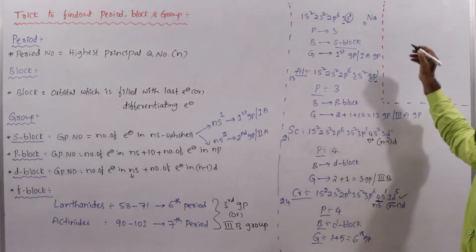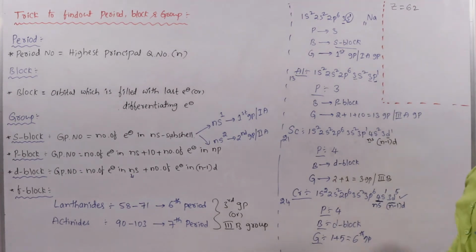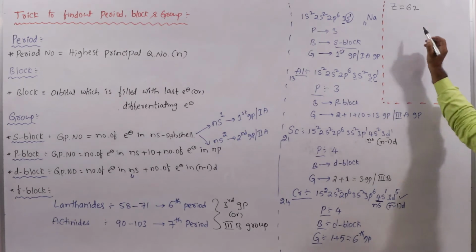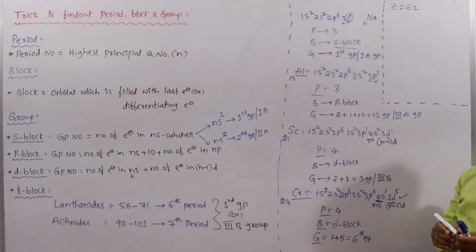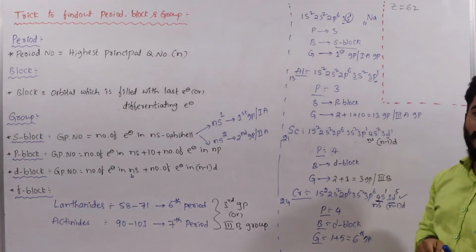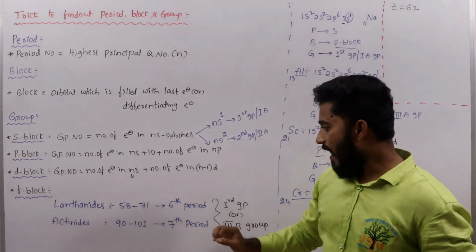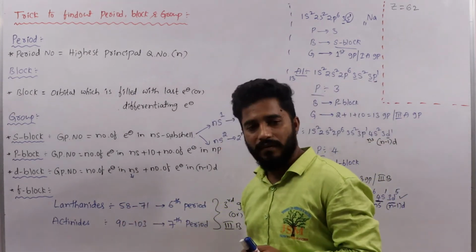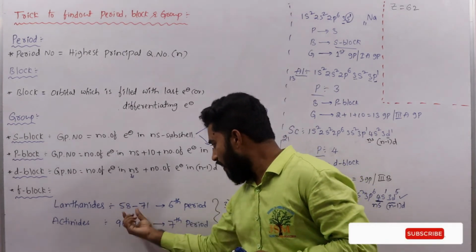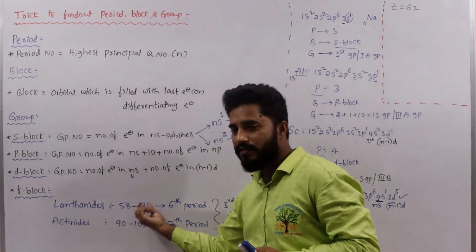Next, the element with atomic number 62. For this element, there is no need to know the configuration to find the period, block and group. If you remember the lanthanides, from 58 to 71, a total of 14 elements are present.